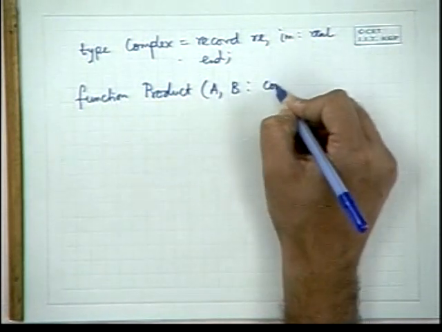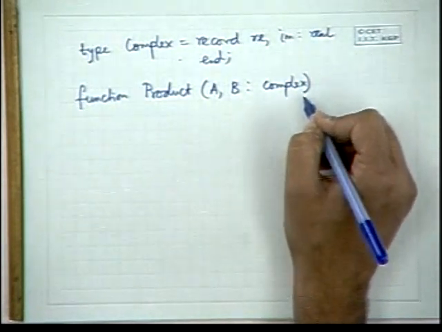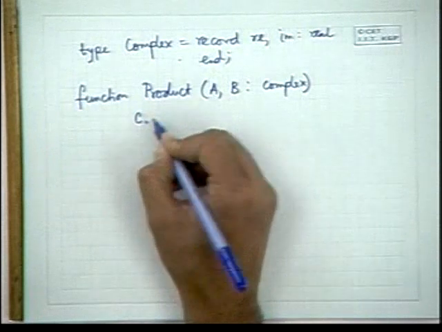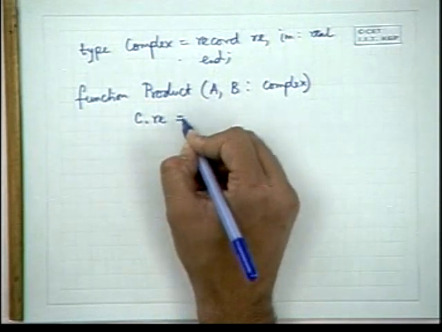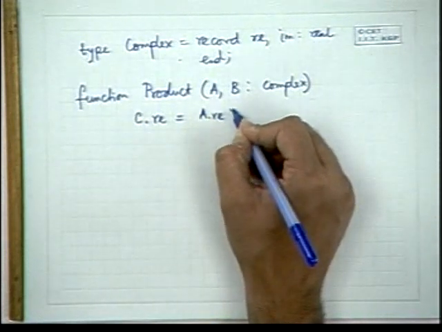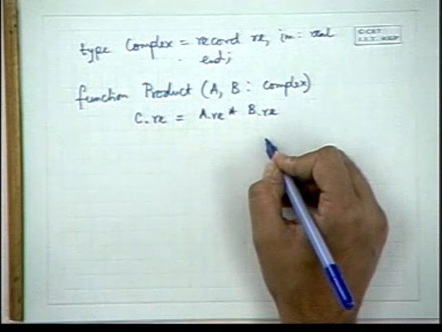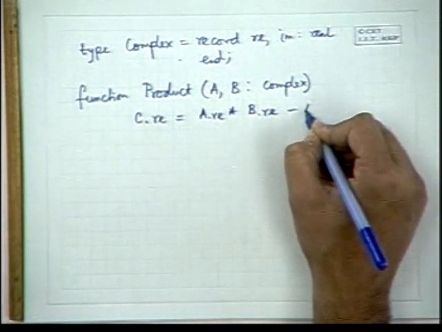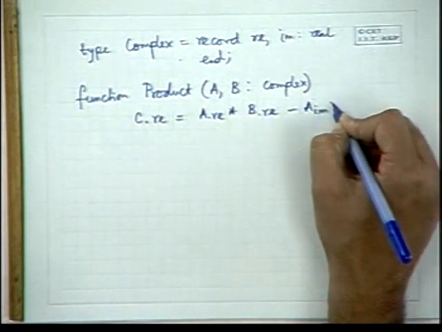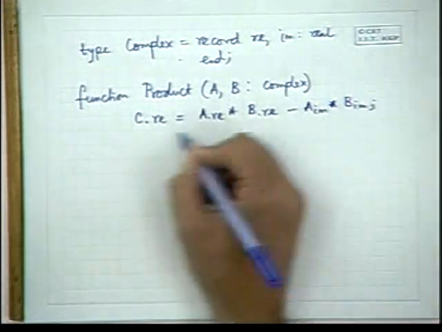Suppose A and B both are complex, we want to get the multiplication of A and B. So how can you get that? C.re, the real part, you will get A.re multiplied with B.re minus A.im multiplied by B.im. It is just a formula.